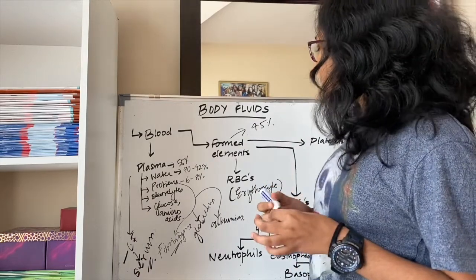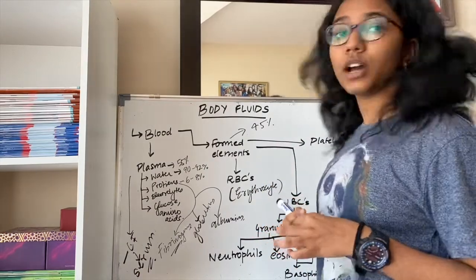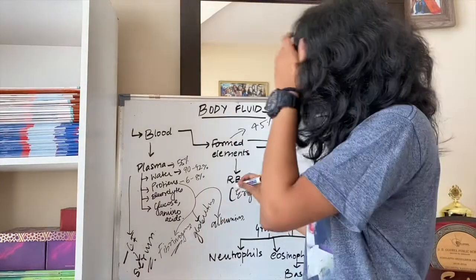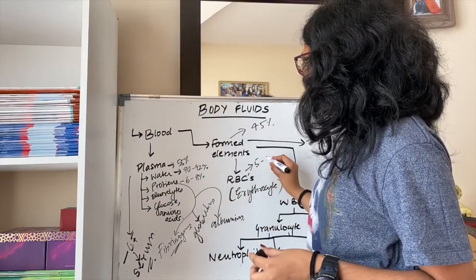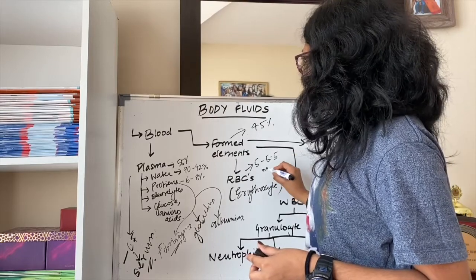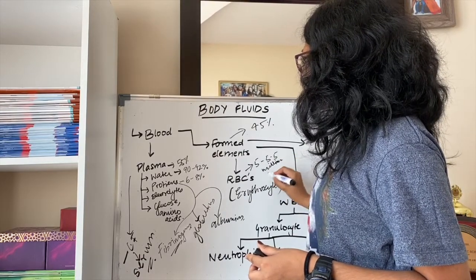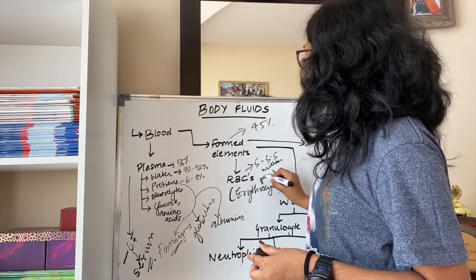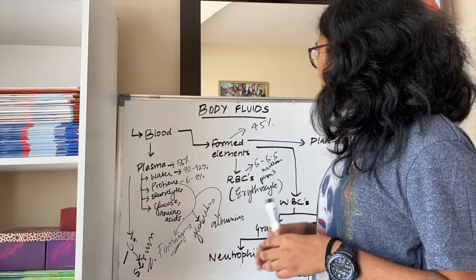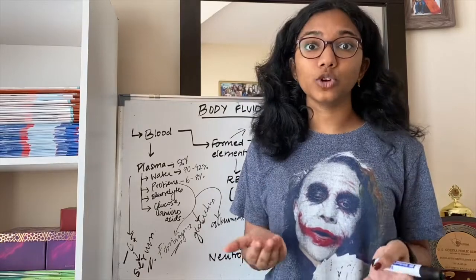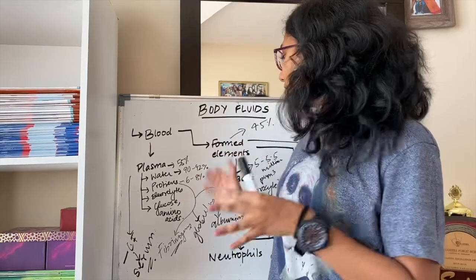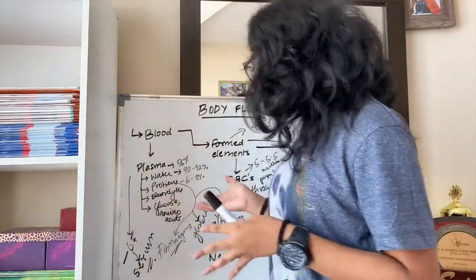RBCs are in a large number in blood, and that's why our blood looks red. There are about 5 to 5.5 million RBCs per cubic millimetre of blood. And RBCs contain obviously the most famous pigment, that is hemoglobin, and hemoglobin gives the red color which RBCs possess.